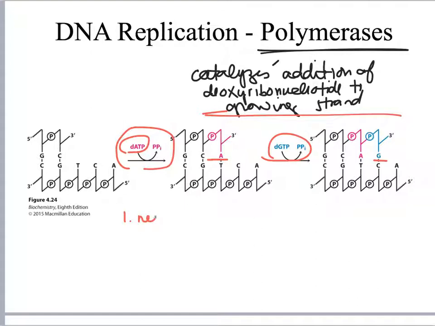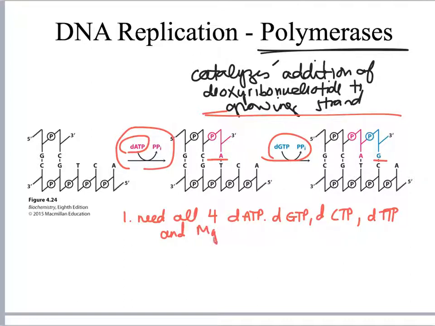So you need all 4 of those deoxynucleosides: ATP, dGTP, dCTP, and dTTP. You need to have those present, and you need magnesium 2+. That's required by the enzyme, and we'll see more of this when we get into our discussion on enzymes.